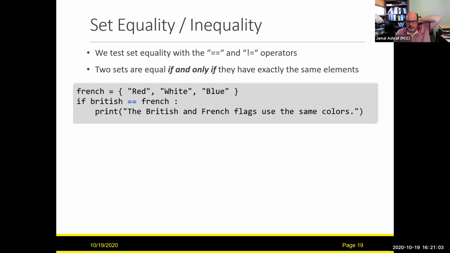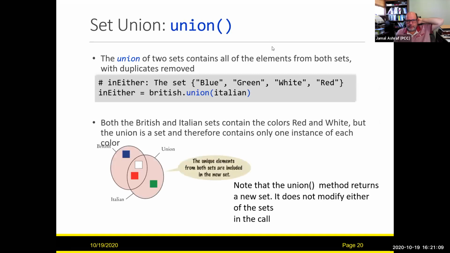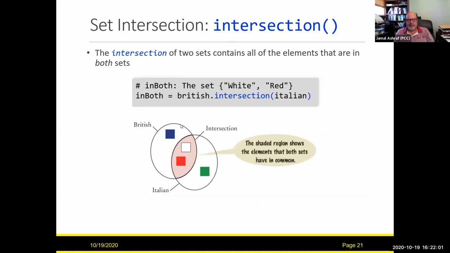If they don't, they are not equal. Again, no order. Union: the union contains the elements of both sets. The intersection is what they have in common. So I said that wrong. Intersection is what they have in common. Union is whatever they have in both of them put together.